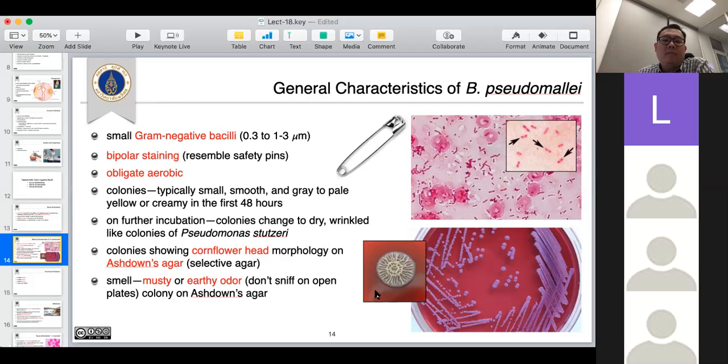Another bacteria that possesses a colony like this, which you probably get confused with, is Pseudomonas stutzeri. It can possess a colony like this, but you need to be careful. Burkholderia pseudomallei possesses this morphology on Ashdown media.